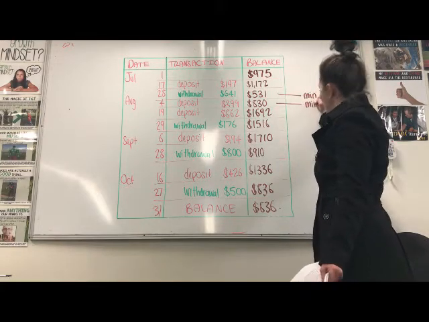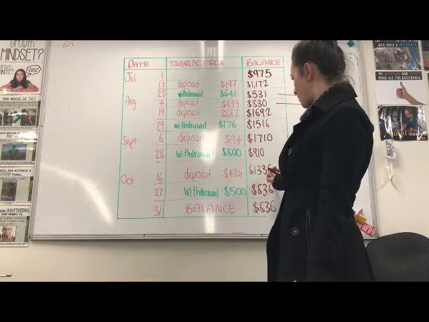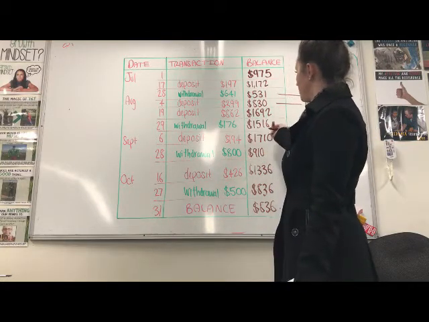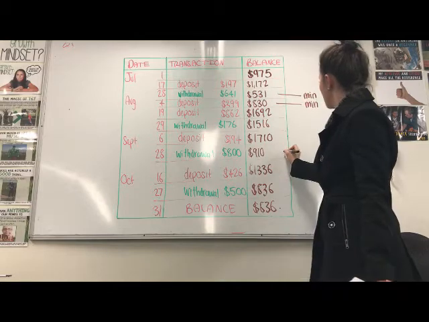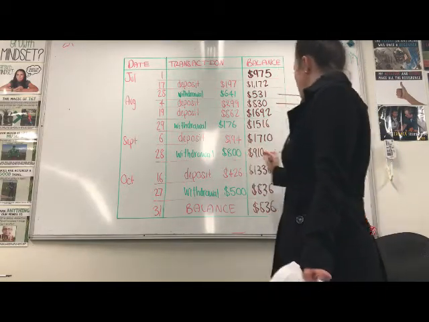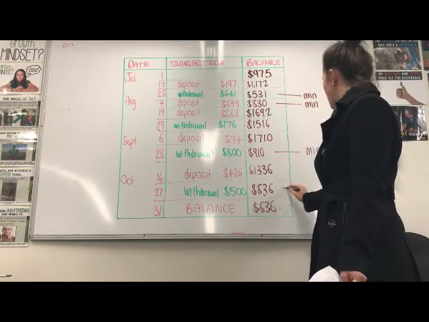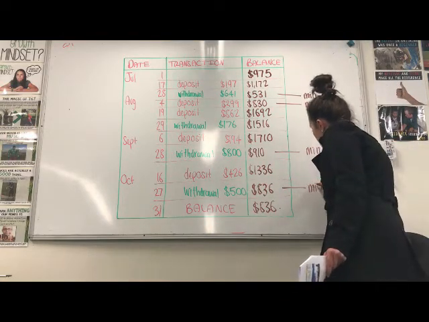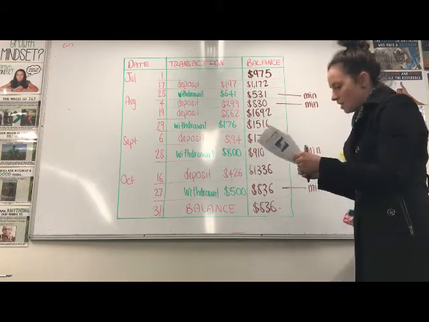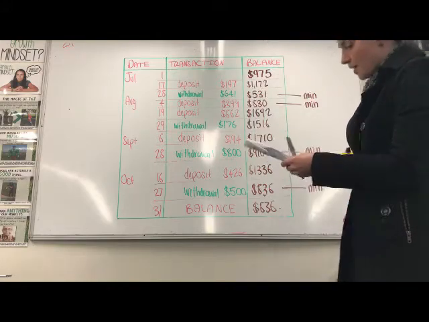The minimum balance for September would have been 910. And like we can see here, the minimum balance for October would have been 836. So these are the minimum balances for each month.